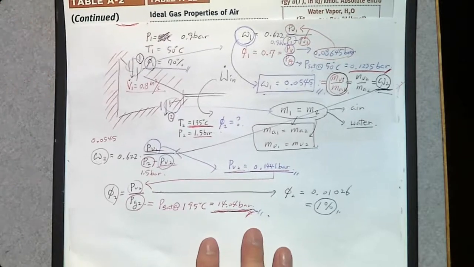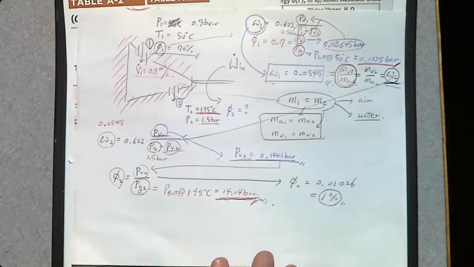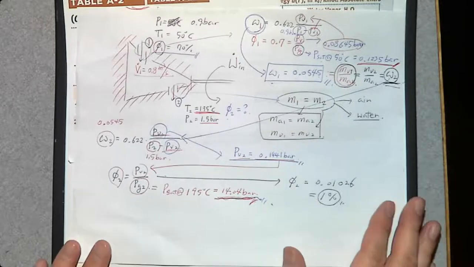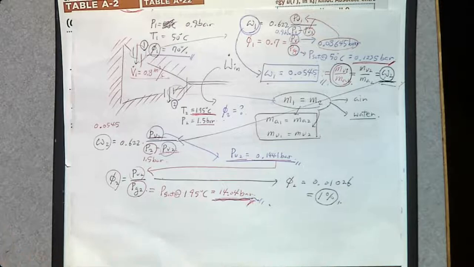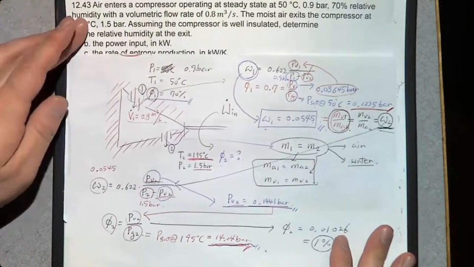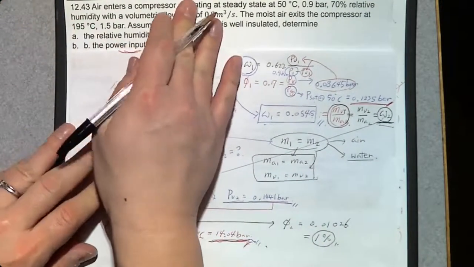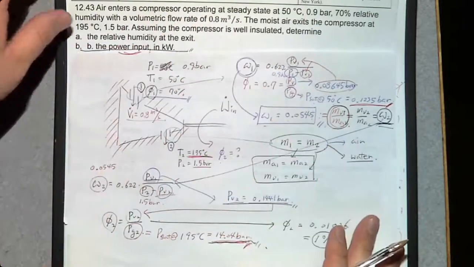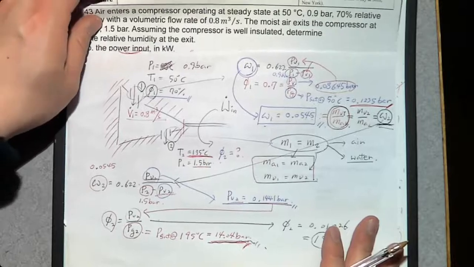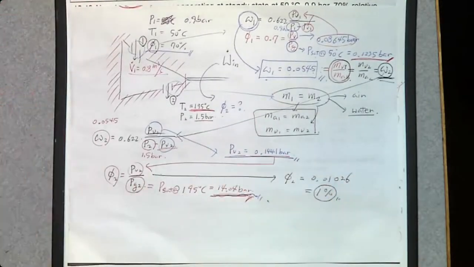So that's everything about studying the relative humidity and humidity ratio in this energy balance equation. So let's go to the second problem. The second problem is the power input for this compressor. How can we determine the power input?